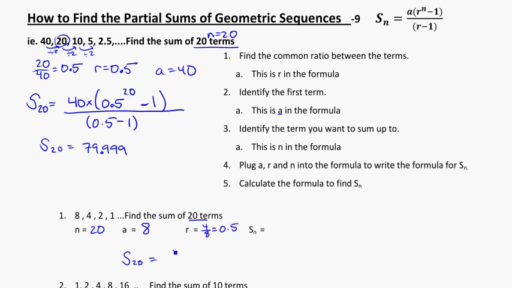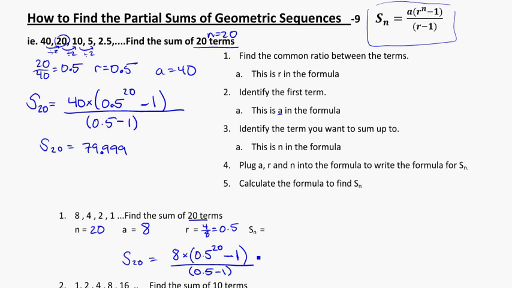So my first term is 8 times, the formula for it is up here if you're looking to see where I'm getting that from. So the first term, a, times bracket r, which is 0.5 to the power of 20, minus 1. Now again, that's not up in the power, it's down below. And all of that needs to be divided by r, which is 0.5, minus 1.